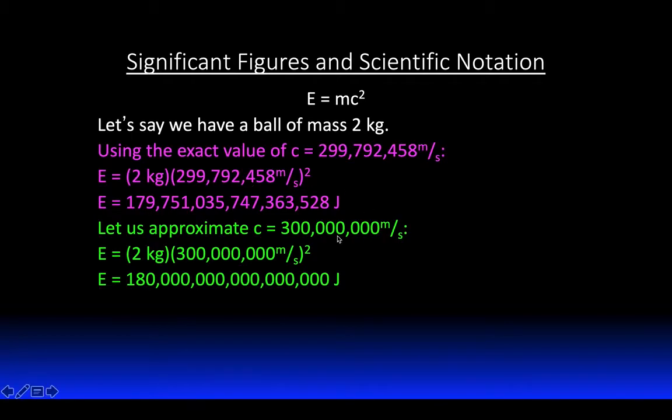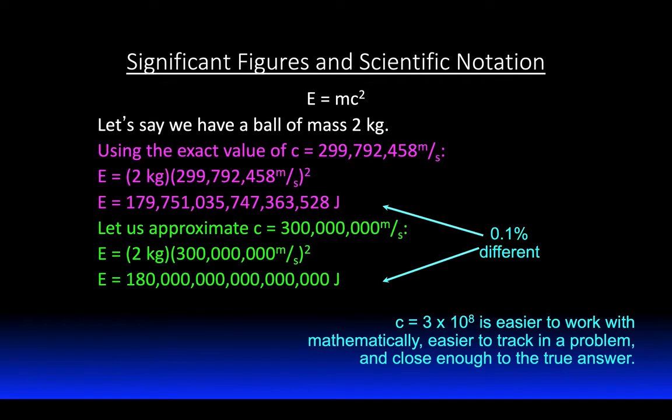And if I look at these two results, they both have the same number of digits. 1797 and 1800 are the first 4 digits respectively in each. And these two numbers are really only about 0.1% different from each other. They're less than that percentage difference.